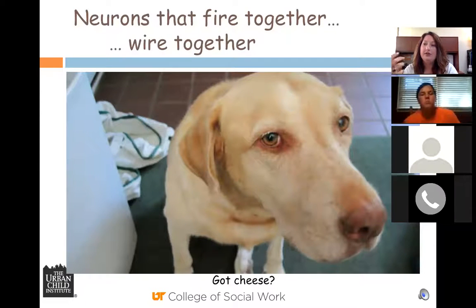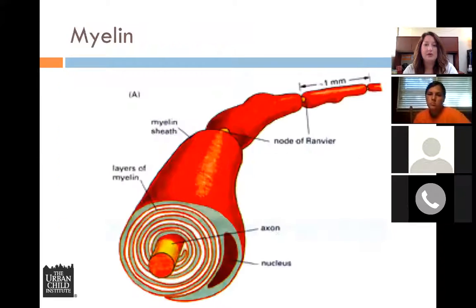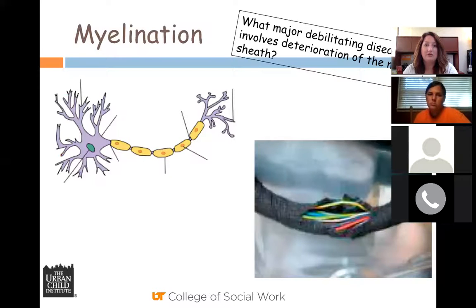The other piece with this is that neurons that fire together wire together. That's just the saying that we have, and it's really important. I'm going to skip over this part a little bit, but essentially this is the wiring that you see happen.